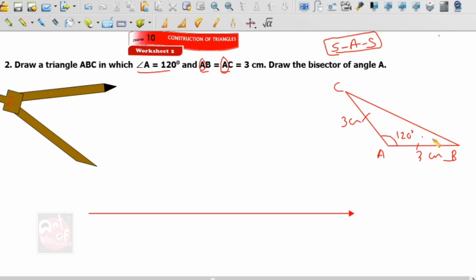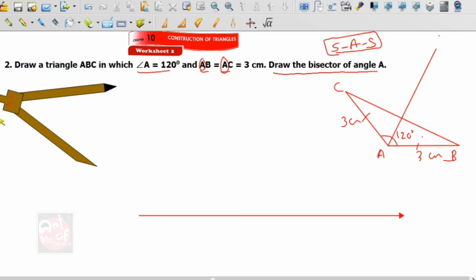And then I have to join. After that, draw the bisector of the angle, it is told. Then after that I am going to explain. The bisector of the angle should be like this. How to bisect, you have done in class 6, though again I will show you. The actual figure is like this. So let us do this.